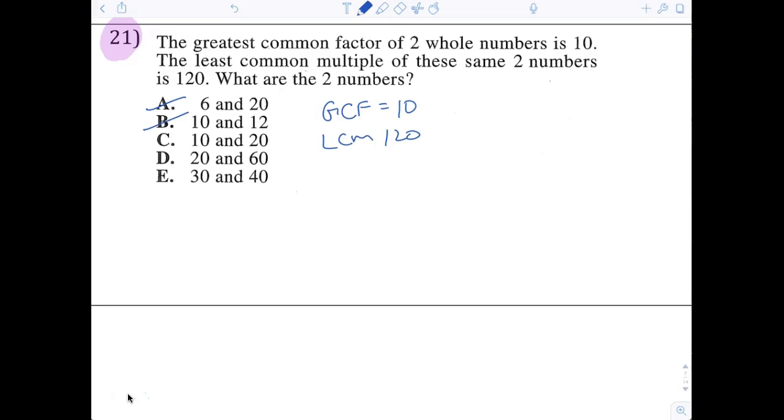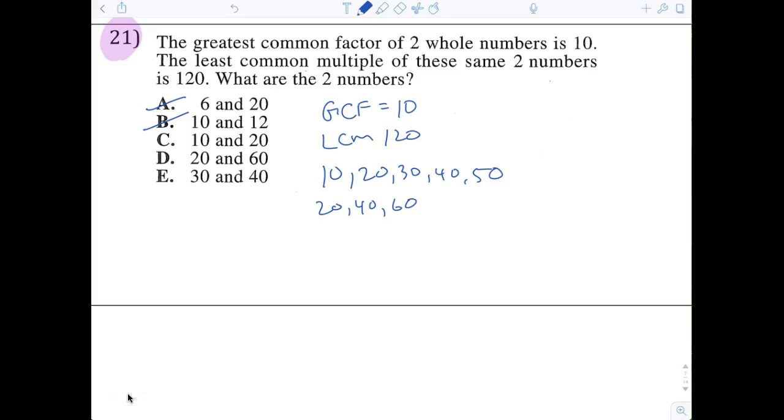What about 10 and 20? Is that greatest common factor 10? Here we go. Yeah, that's right. Now, what's the least common multiple? Is the least common multiple there 120? No, because look, multiples: 10, 20, 30, 40, 50; 20, 40, 60.